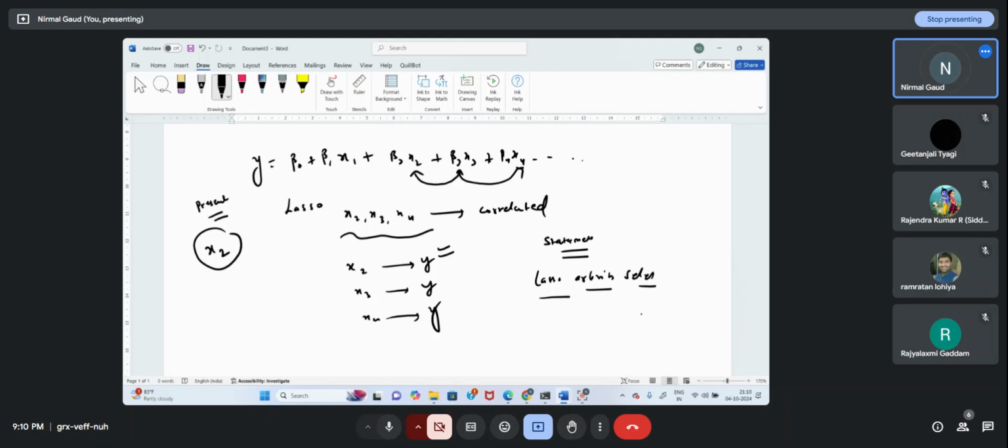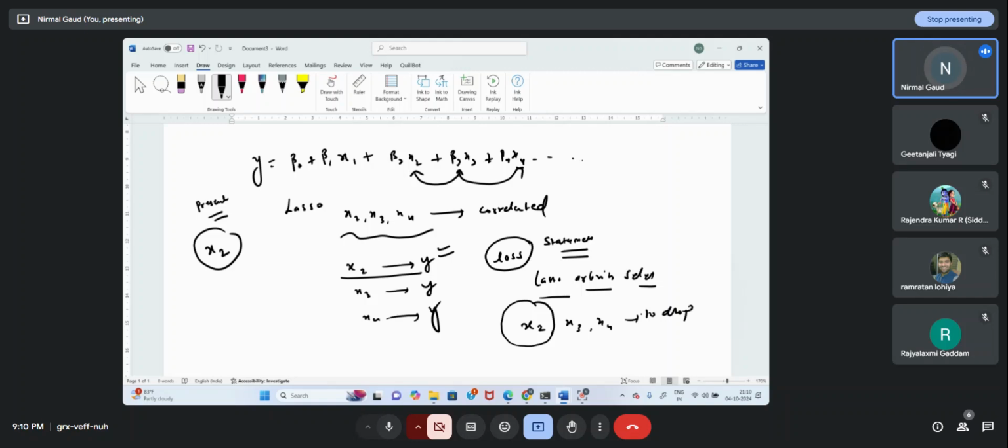It can select x2, it can select x3, it can select x4 to drop. Now if L1 drops x2, it is a big loss. Why? Because x2 was in good correlation with the target.